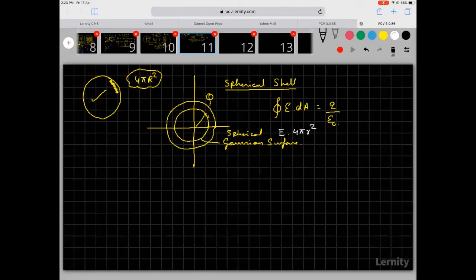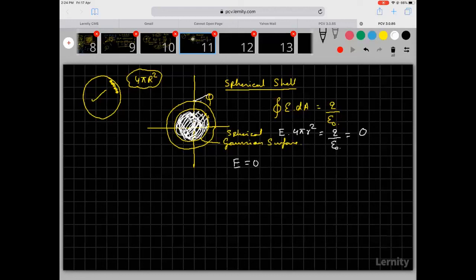So E into 4 pi r squared should be equal to Q by epsilon naught. Can you tell me what is the charge inside this here? 0, because all the charge is outside. So if all the charge is outside, inside there is no charge. So if there is no charge here, what will this be equal to? 0. So what does that mean? It means that E is equal to 0.